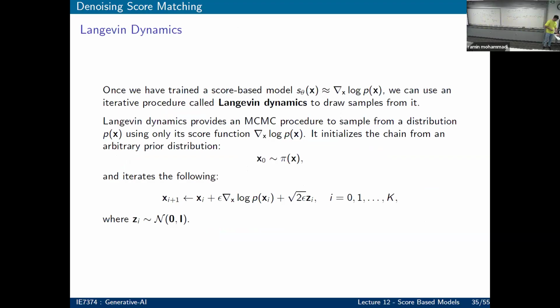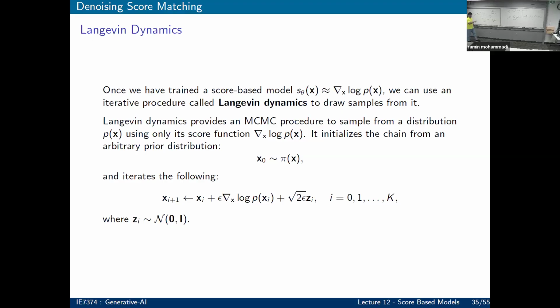Now, the Langevin dynamic basically has the following: the point at a given time becomes the previous point plus epsilon times the gradient of this vector field, plus square root of 2 epsilon times Z, where Z is some random number.